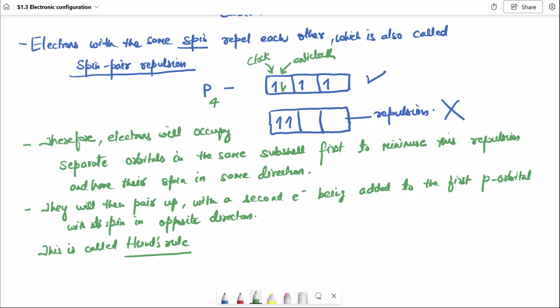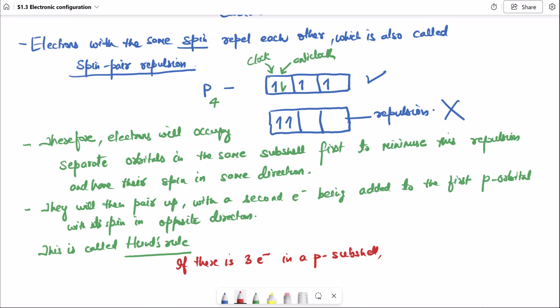We have to fill the electrons in a parallel fashion first in each orbital, and then later on you can fill in anticlockwise. So let's say if there are 3 electrons in a p subshell, right?